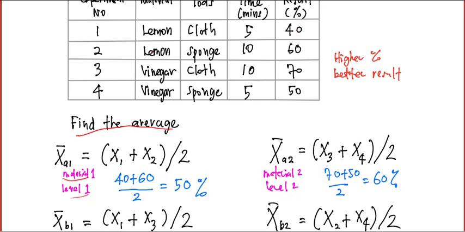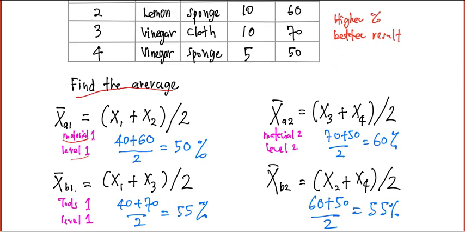As you can see here, we have lemon 40 plus 60, x1 plus x2 divided by 2. And for material 2, level 2, how is this average value? Material 2 is vinegar. Then what we have is 70% plus 50%. Its average value is 60%.